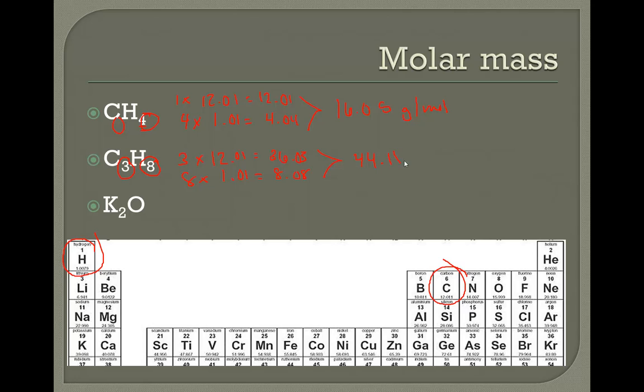And then finally we have potassium, which is down here. We have 2 of them. And then we have 1 oxygen, which is right here at 16.0. And that comes out to be 94.2.